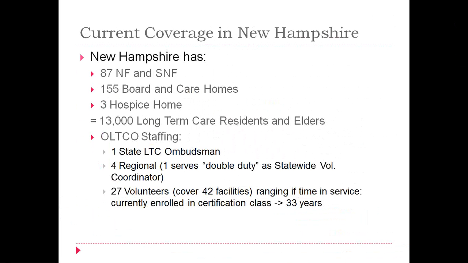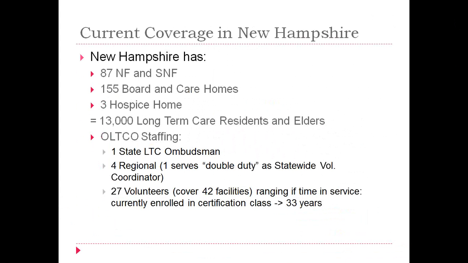We are a relatively small state, so in comparison to what Sarah was talking about, our entire state would be consistent with one of their regions. New Hampshire has roughly, for statistical purposes, 87 nursing facilities and skilled nursing facilities, 155 board and care homes, and 3 hospice homes that our program responds to.